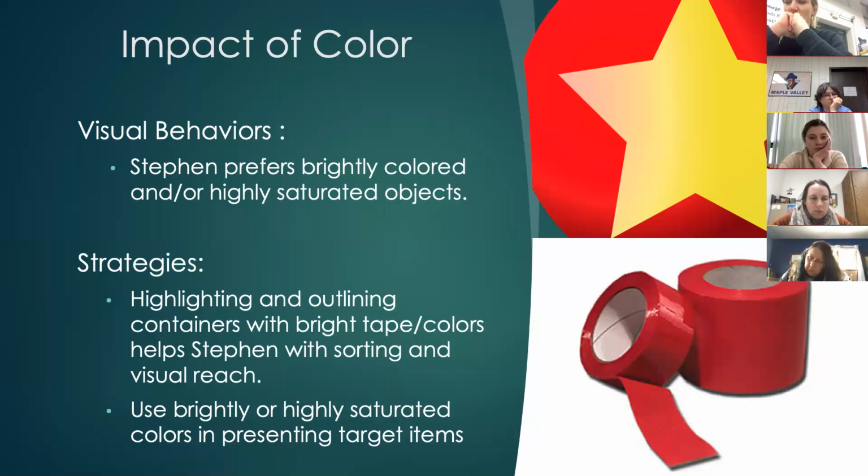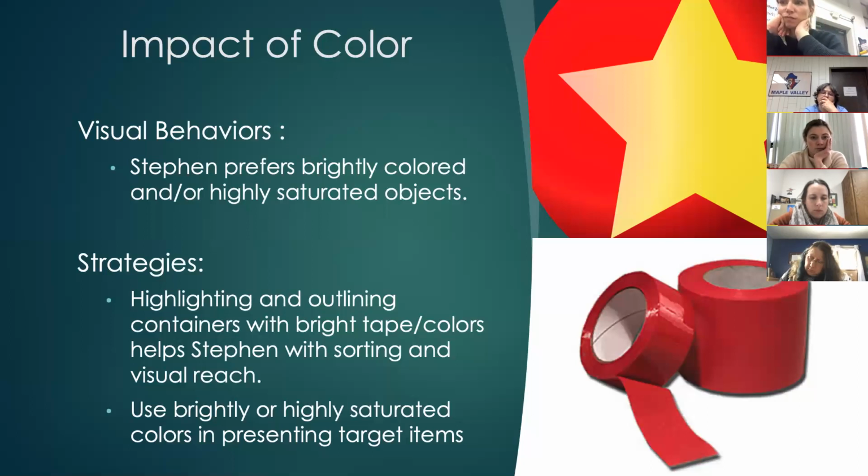Another thing is shiny Mylar. You can get Mylar tape or Mylar film to put over things, and it has a reflective quality. That's another thing that can be helpful. The red duct tape, for instance, can help. You can put that around a door frame to outline things so that kids notice those visual cues more readily.